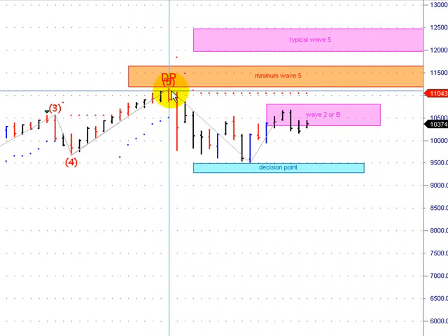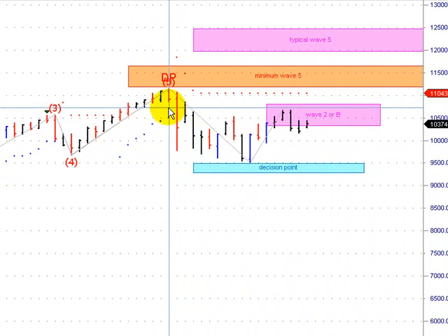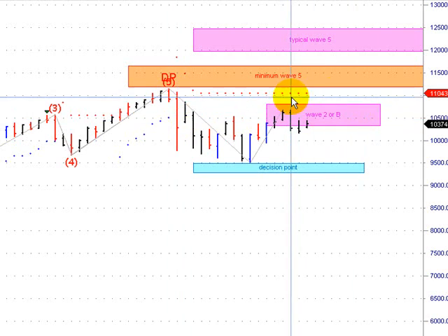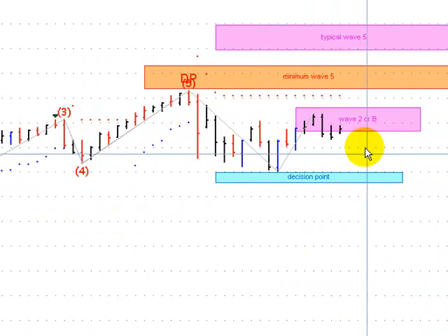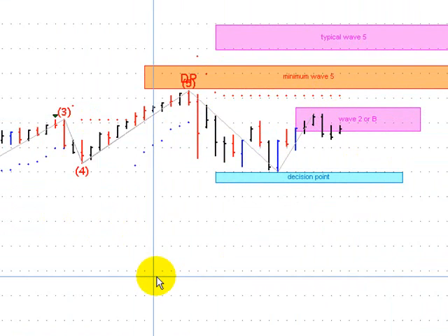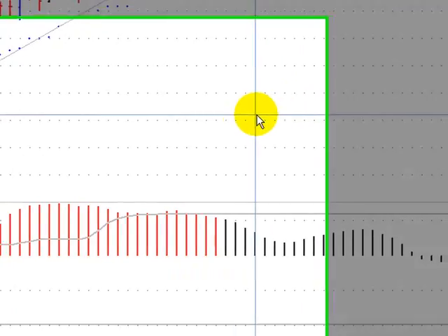If they do take out this DP area, it'd have to begin to be above the 11,000. Actually, 11,152 was the weekly high in the futures contract here. If they take that out, obviously that is going to change things. If they can't do that, then expect things to roll over again and maybe we'll see some more correction play out.